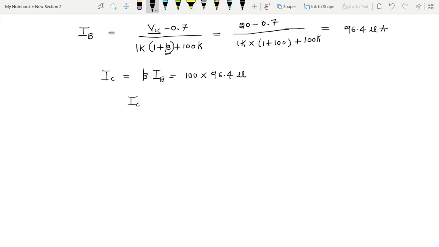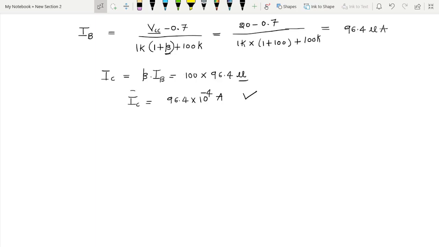By using this we get the collector current as 96.4 into 10 power minus 4 amperes, because micro means 10 power minus 6. We have already found the operating current, the collector current IC, but we need to find out VCE.